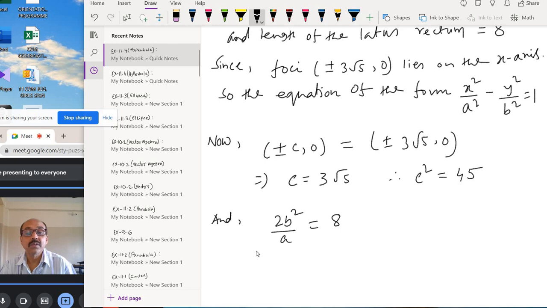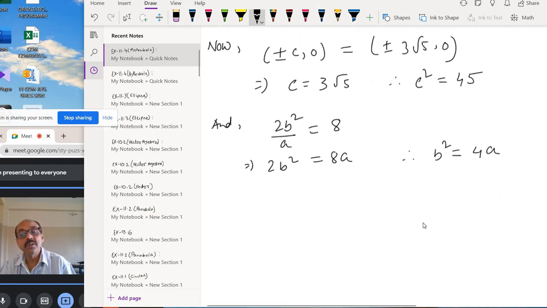So 2b square equal to 8a, therefore b square equal to 8a by 2, 4a. Therefore b square equal to 4a.